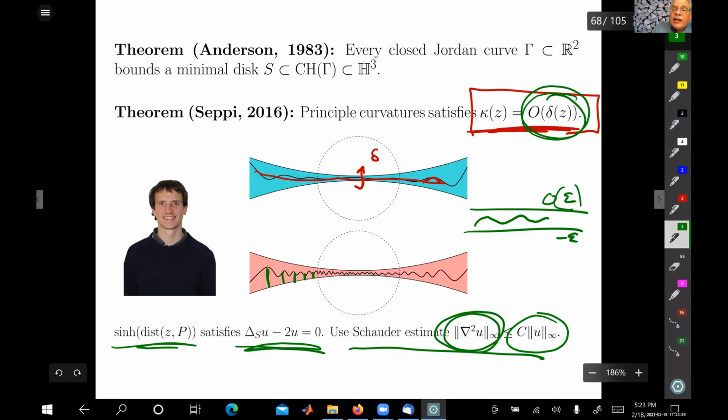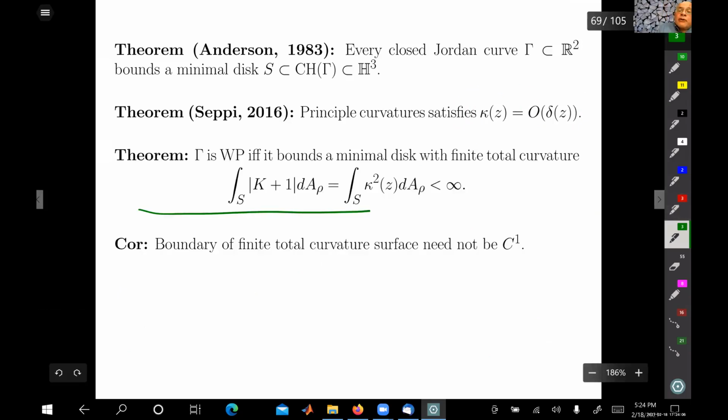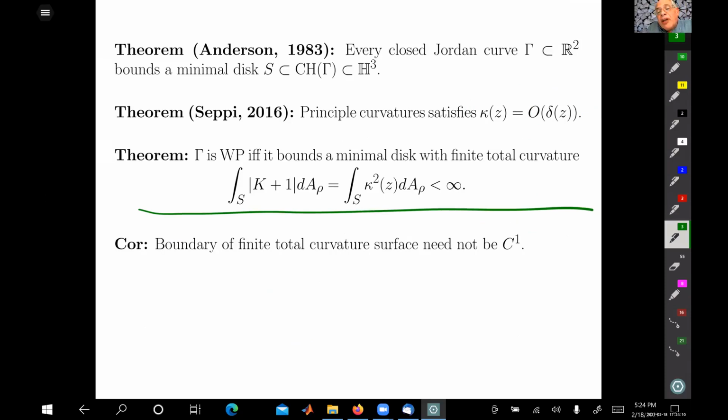Well, if delta is square integrable and kappa is bounded by delta, kappa is also square integrable. And so you have a Weil-Petersson curve if and only if you bound a minimal disk with finite total curvature. So the Gauss curvature over the whole surface integrates to a finite value. Now, it had been a question asked in the early 90s whether the boundary at infinity of such a surface had to be a C1 curve.